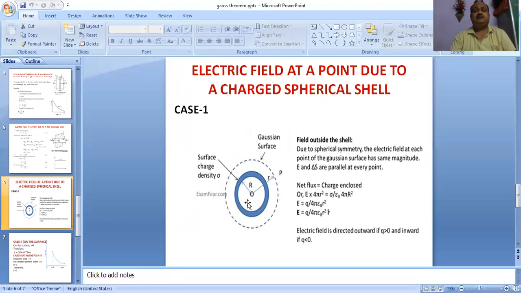Here capital R is the radius of the charged sphere. Due to this charged spherical shell, we have to find the electric field at a point. And this point we can take at 3 positions: outside the surface, on the surface, and inside the sphere. So firstly, we will find the electric field intensity at an outside point.